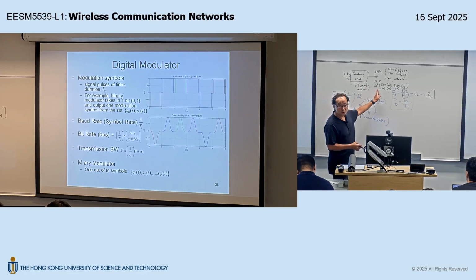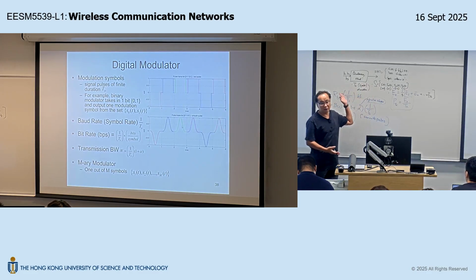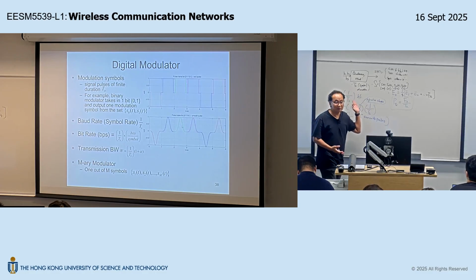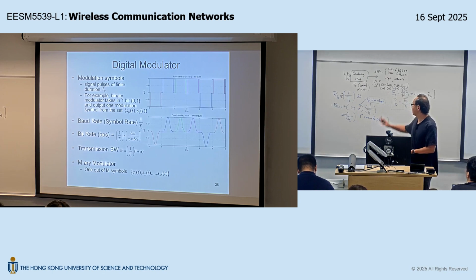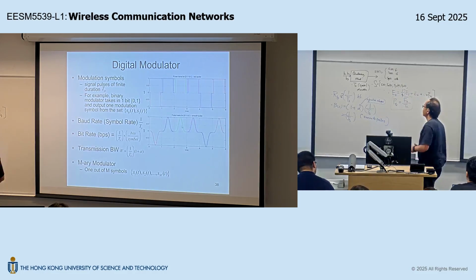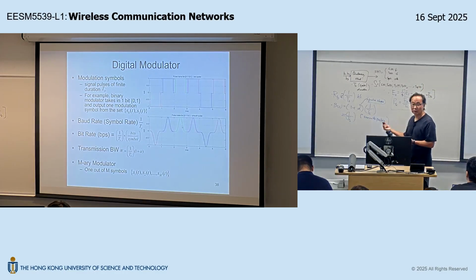My signal set, right? Previously, I only have 4 members. But if I take in 3 bits at one time, how many possibilities are there? 2 times 2 times 2, 8 possibilities, right? So 4 members is not sufficient. So in this case, I need to modify into 8 members. Okay? And then again, similarly, I put a label behind each member.